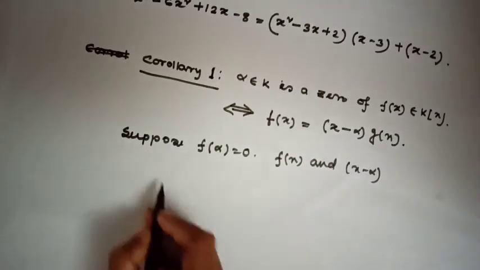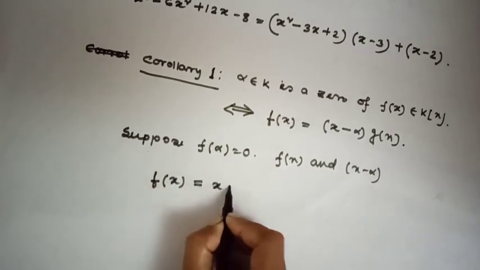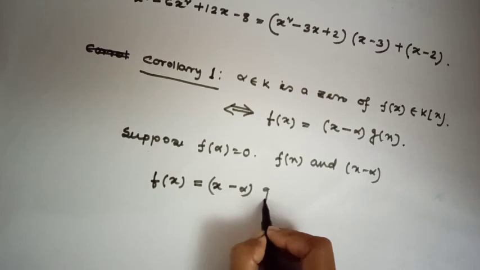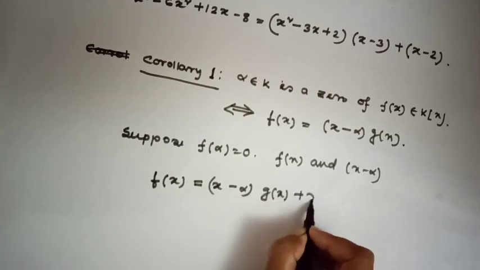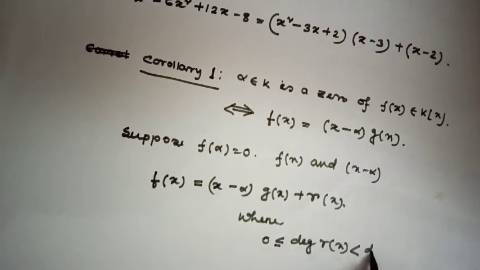Then by the division algorithm f(x) equals (x minus alpha) times g(x) plus r(x), where 0 is less than or equal to degree of r(x), which is strictly less than degree of x minus alpha, okay.